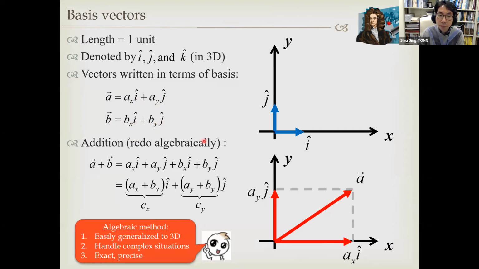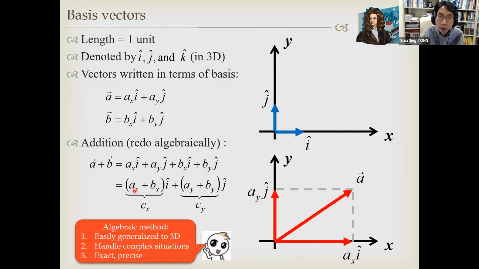Okay. Now, if I want to add two vectors together, I can do it algebraically. That is very convenient. I can treat the unit vector i and the unit vector j just like they are separate variables. And so when I add up two vectors, I just gather the terms with the unit vector i.